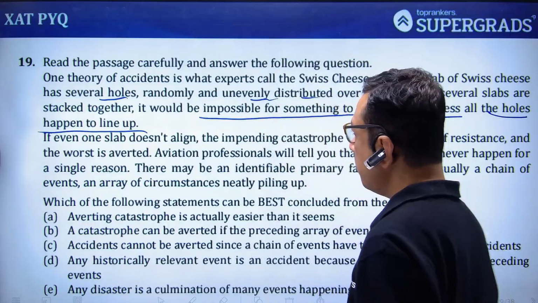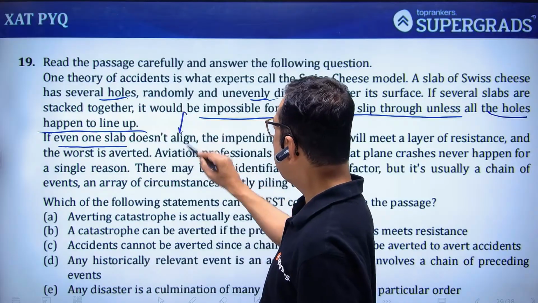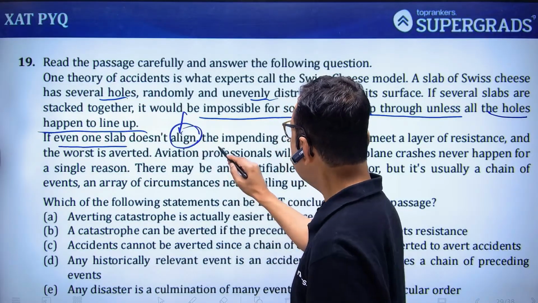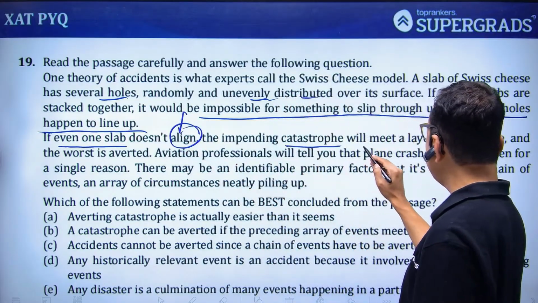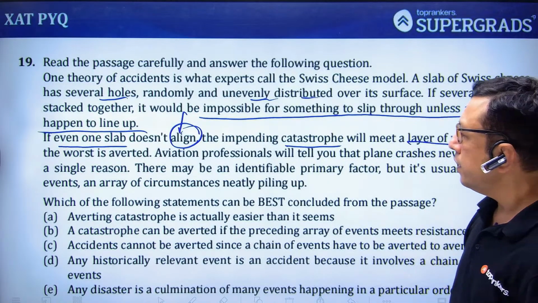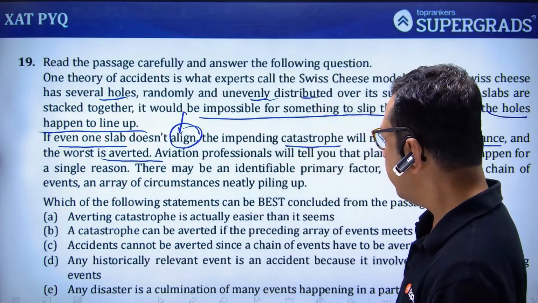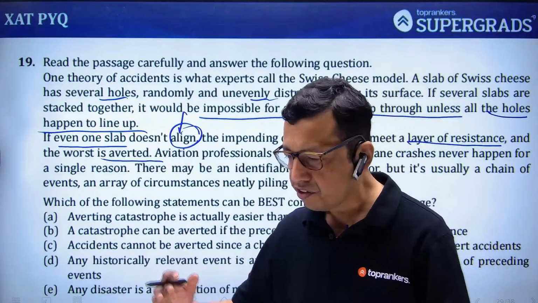Accident cannot happen if even one slab doesn't align. Alignment is the matter here. The impending catastrophe will meet a layer of resistance and the worst is averted, very clearly indicated. So the worst is averted, meaning the worst will not happen.